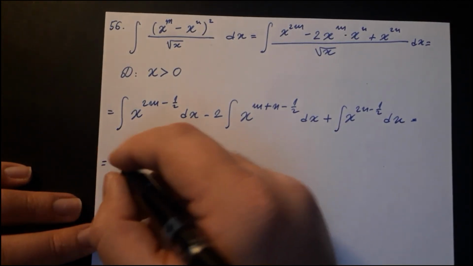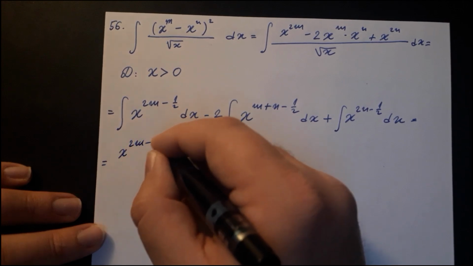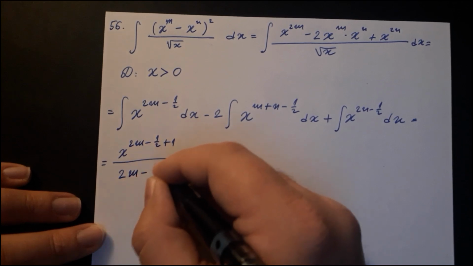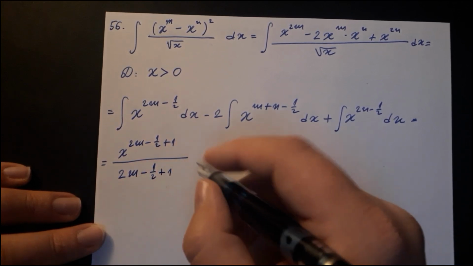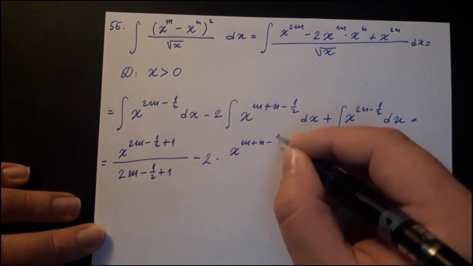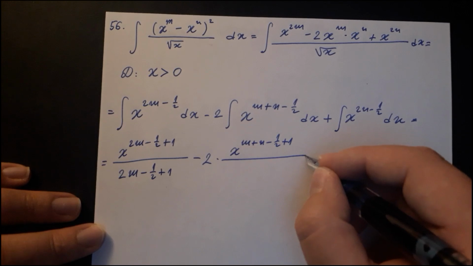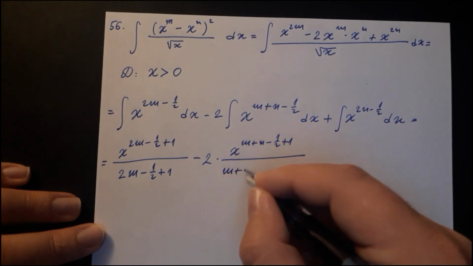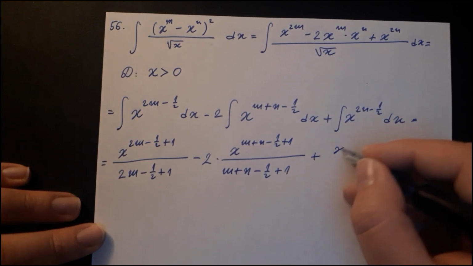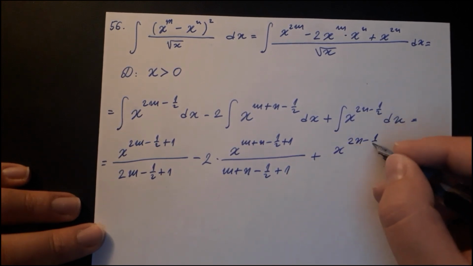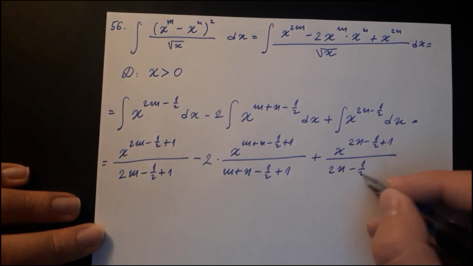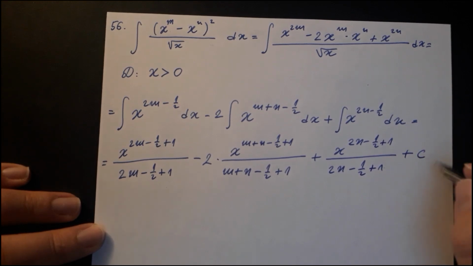This is then equal to x to the power 2m minus 1/2 plus 1 divided by 2m minus 1/2 plus 1 minus 2 times x to the power m plus n minus 1/2 plus 1 divided by m plus n minus 1/2 plus 1 and plus x to the power 2n minus 1/2 plus 1 divided by 2n minus 1/2 plus 1 and plus constant c.